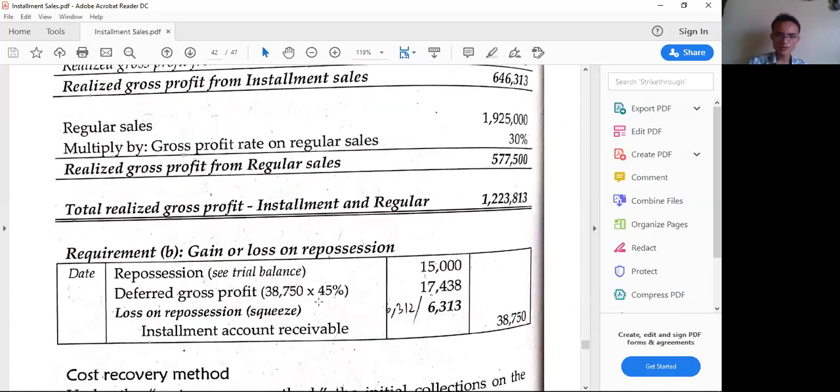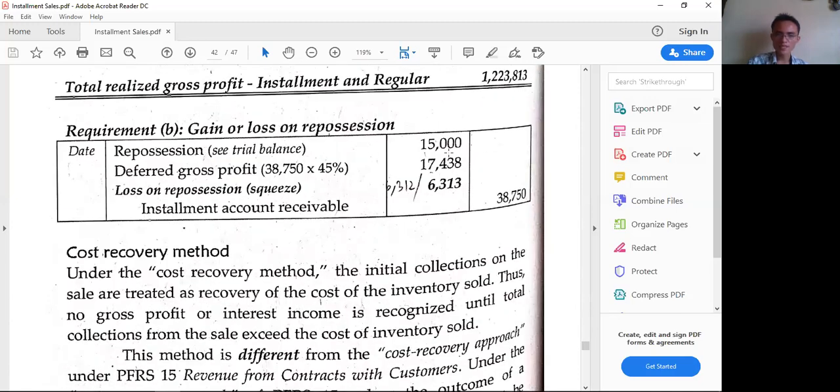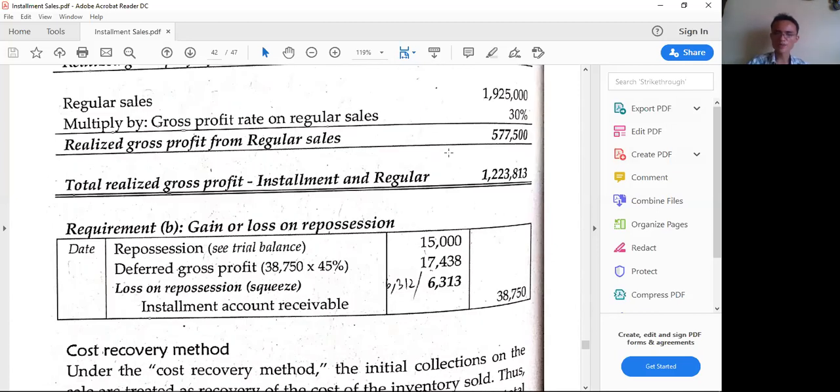But for repossession, that is at 15,000, that's the fair value of repossessed merchandise wherein it should be recorded at its fair value, less unrecovered cost, which is the difference between the installment accounts receivable and our deferred gross profit rounded off. So that's going to be unrecovered cost. The result would be ending with 2, right? So 15,000 minus the difference of these two would be equal to loss on repossession.